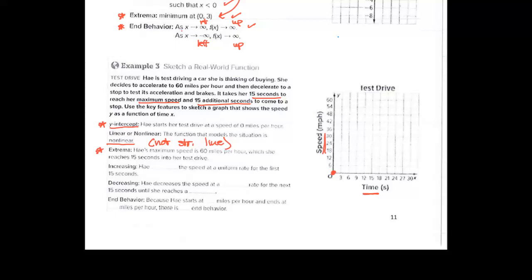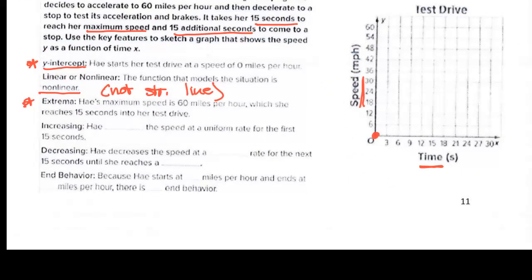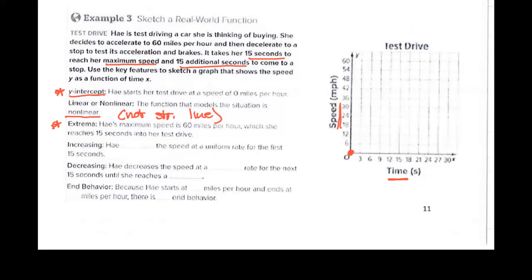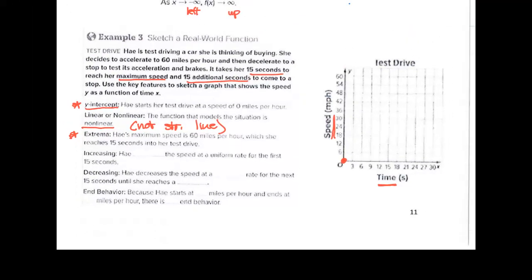Hay's maximum speed is 60 miles per hour, which she reaches 15 seconds into her test drive. So it takes her 15 seconds, okay, to get to a top speed of 60. Well, let's find 15 here. 15 seconds in on the x-axis.